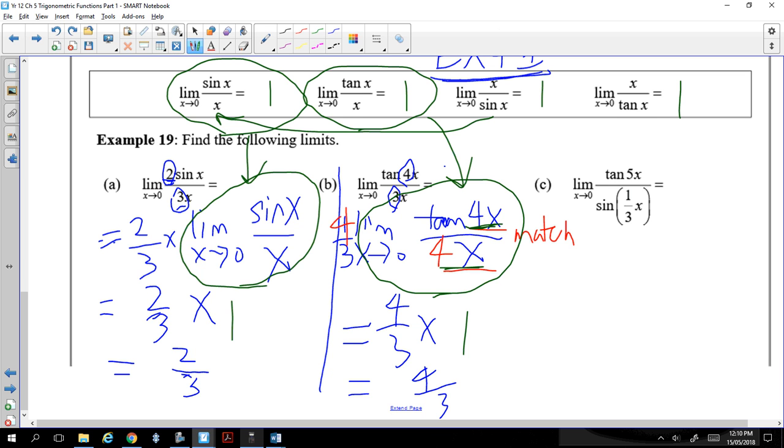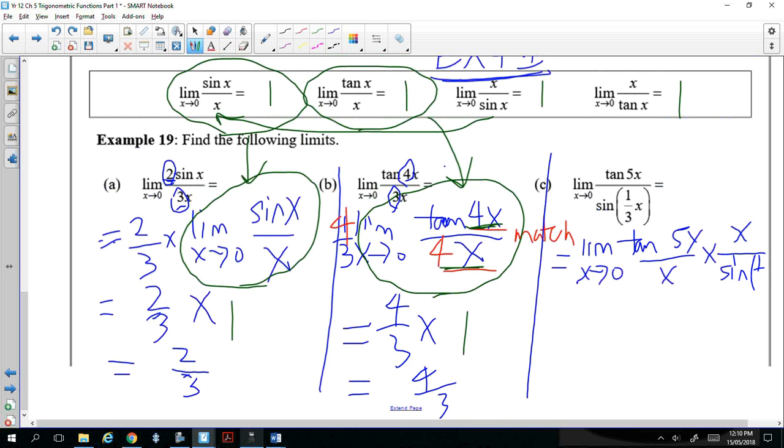The third one is not on there, but we can make it look like the one on the top. You have to split it into 2 parts. Write limit as x approaches 0 of tan 5x over x times x over sine 1/3 x.